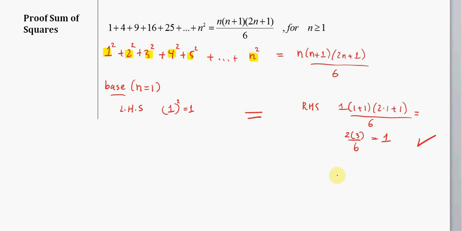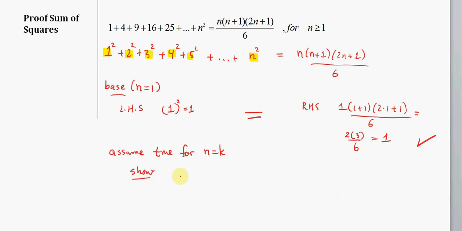Okay. Now, can we show that this is true for n in general? Let's look at the inductive step. We are going to assume that the formula is true for n equals k, and we want to show that it's true for n equals k plus 1.